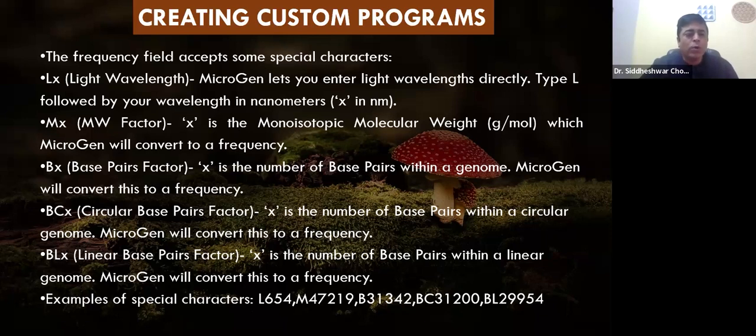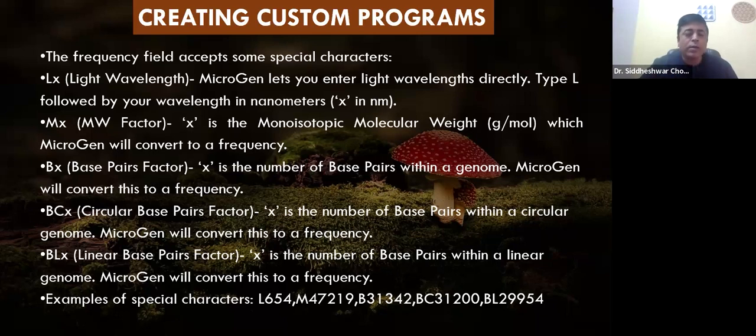And if you want to convert a base pair factor to the frequency, you can use the format B. Capital B is the prefix followed by X, where X is the number of base pairs within a genome.